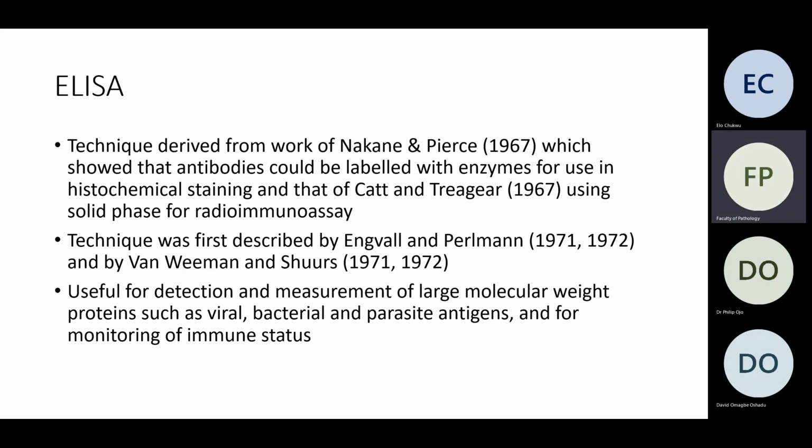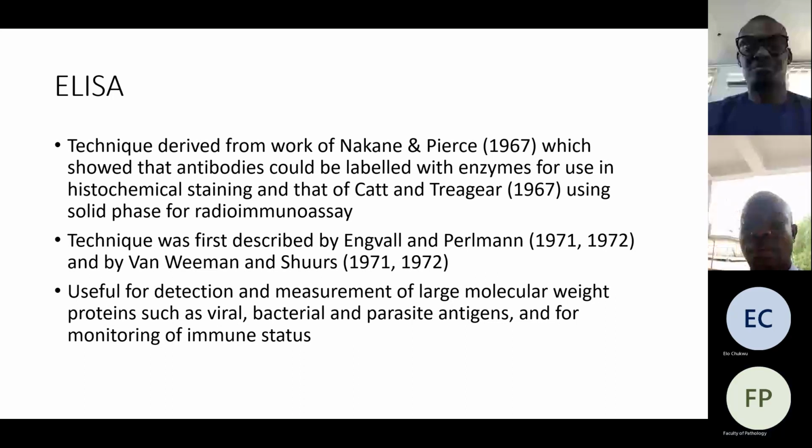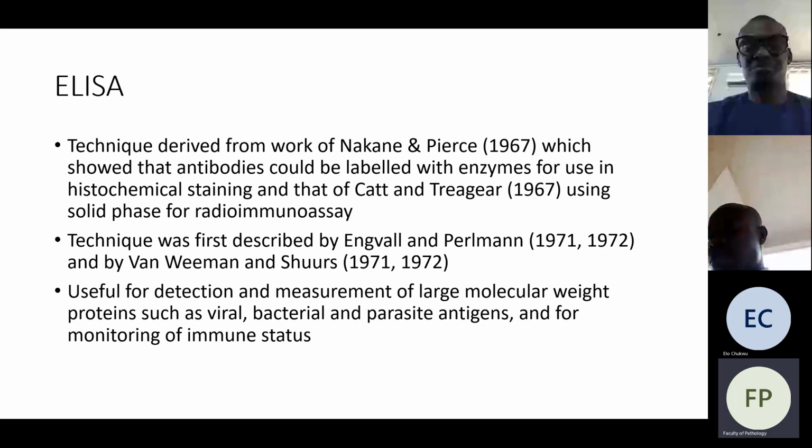Also, the work of Cat and Frigier in the same year, 1967, which was based on solid phase radioimmunoassay. So these are the works from which ELISA was derived. The technique itself was first described by Engvall and Perryman in 1971-72, and also by Van Wieman and Schulz in the same years.